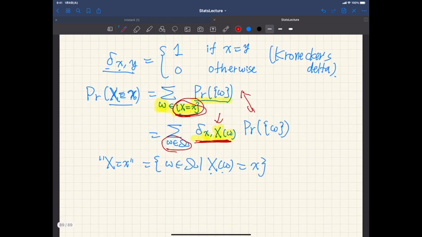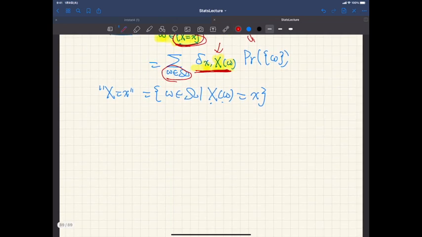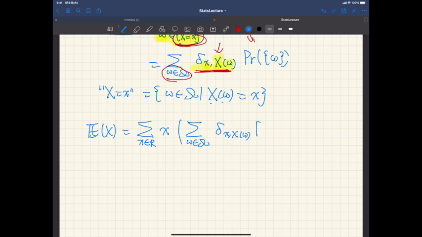So let's apply this modification to this definition. We will have the expectation value of X is the summation over x and the sum over the entire omega of x, delta of x and X of omega, probability of omega.